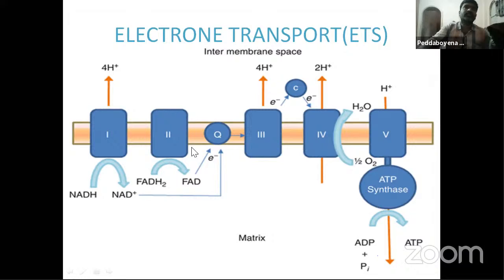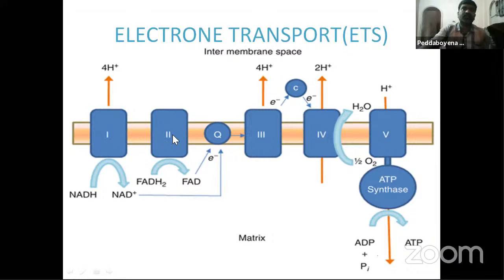In these, the first one is complex one, the NADH ubiquinone oxidoreductase. It is a complex enzyme having flavin mononucleotide, containing FMN as a prosthetic group. This enzyme also contains iron and sulfur (FeS) protein.